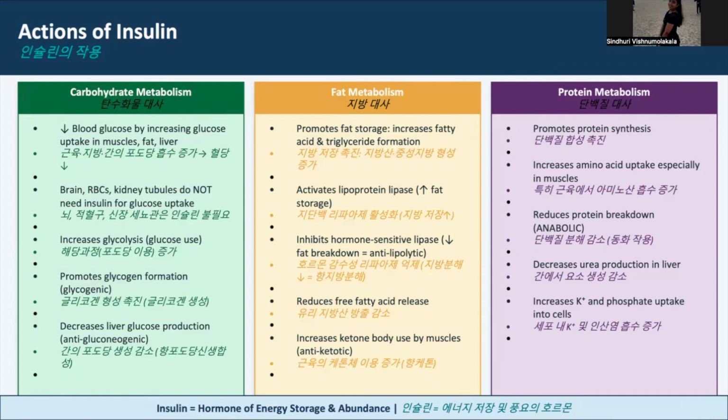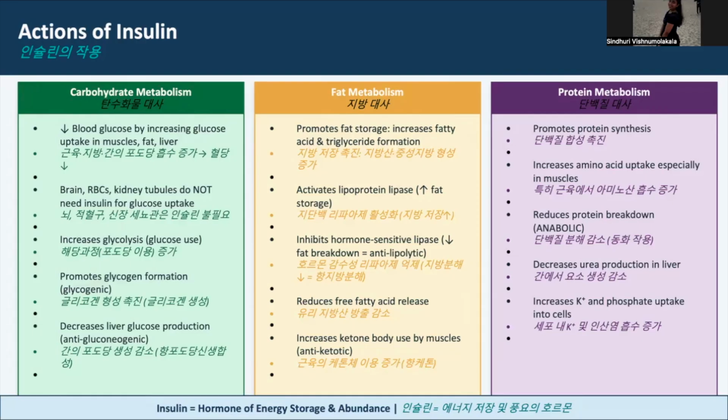Insulin inhibits hormone sensitive lipase in adipose tissue, so it decreases the release of FFA from stored triglycerides. Insulin can increase the uptake of ketone bodies into the muscle. So that means it reduces free fatty acid release and increases ketone body use by the muscles.